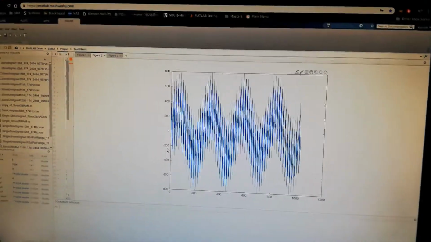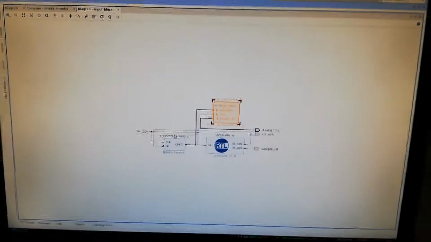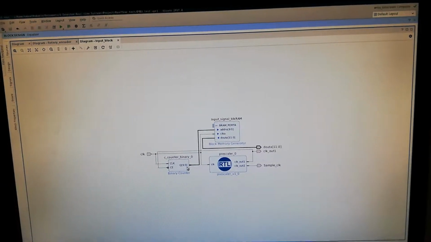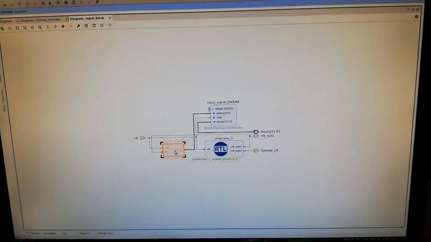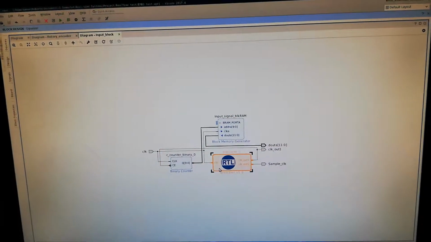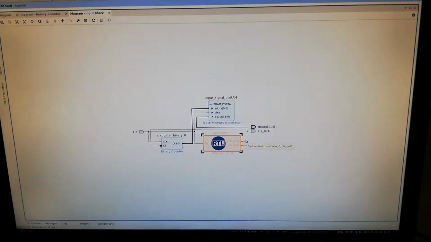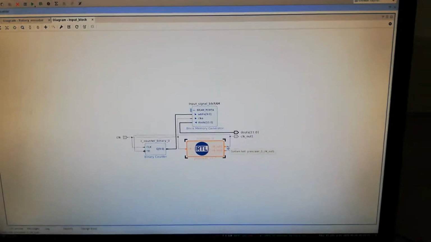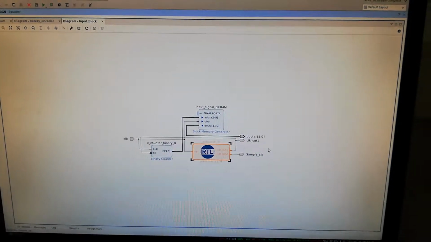So this one is made into a COE file, which is then put into this ROM block, where I'm going through the addresses with this counter, which is again activated by this prescaler, which sends out a pulse with a frequency of 44.1 kHz, which is the sampling frequency for normal sound systems.